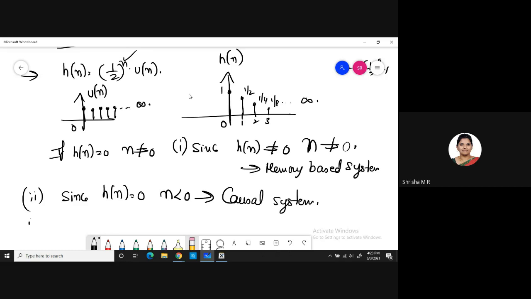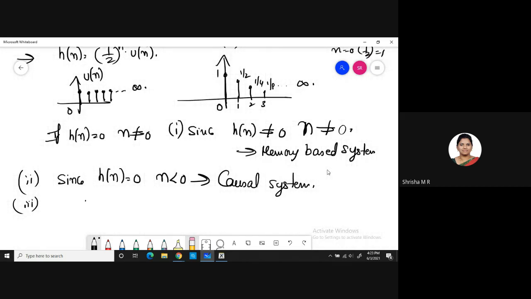The third classification is based on stability. So what is the equation? Summation k equal to minus infinity to infinity, modulus of h of k should be less than infinity, because it's a discrete time signal. So substitute the value of h of k. In our signal h of n, k is existing from 0 to infinity. H of n is half to the power of n into u of n.